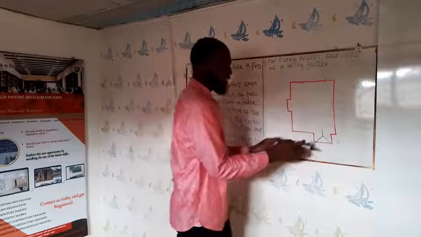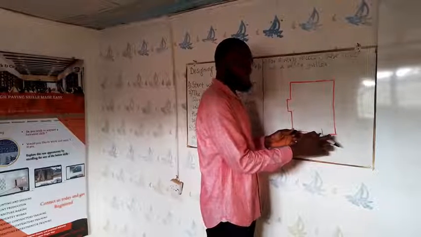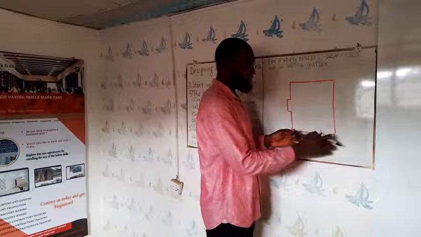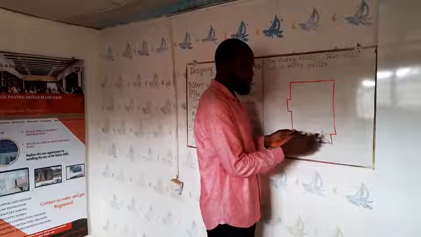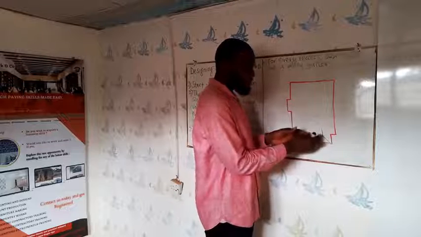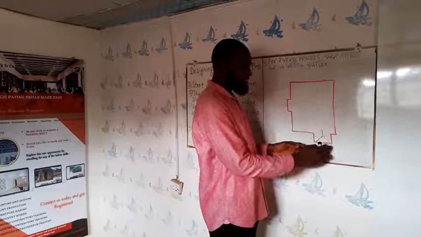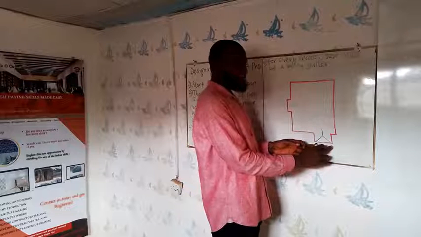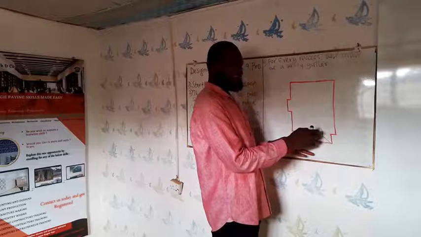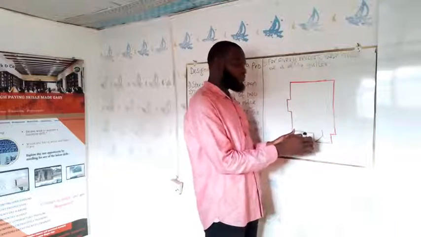You can see this point is the middle of this rectangle. This side is the middle. This point here is the middle of the two, so it shouldn't be one-sided. If this entire place is 3.6, the middle should be 1.8. But the distance from here to here is what will be decided.